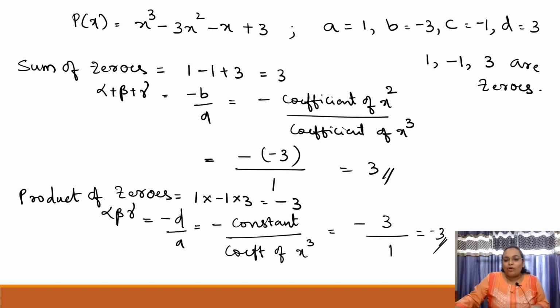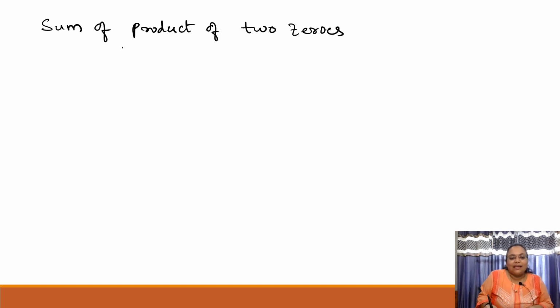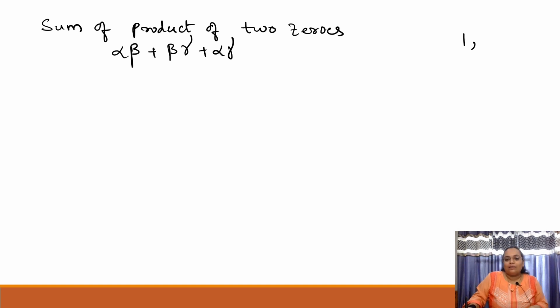Now for a cubic polynomial, we have one more relation, right? That is the sum of the product of two zeros. That is alpha beta plus beta gamma plus alpha gamma. So what are the zeros? 1, minus 1 and 3.